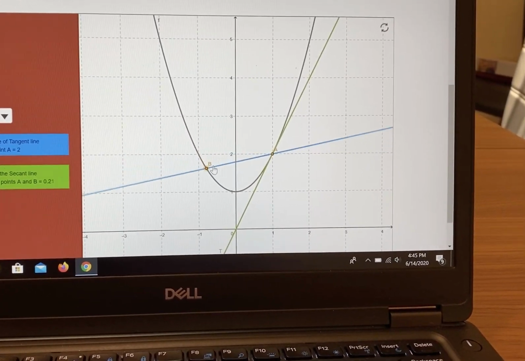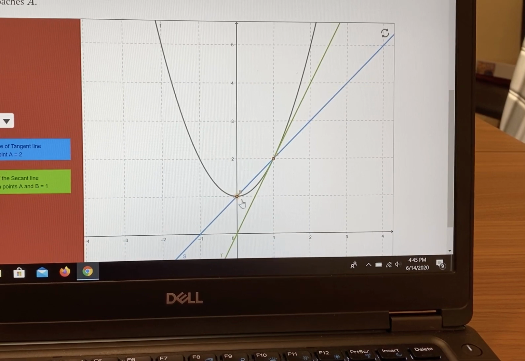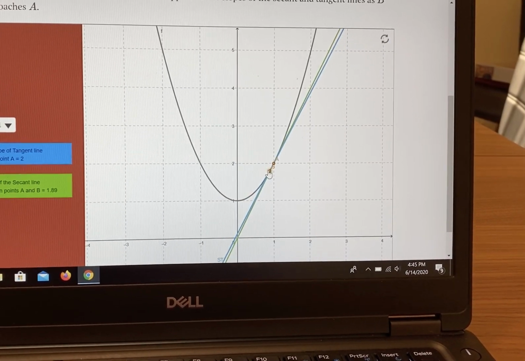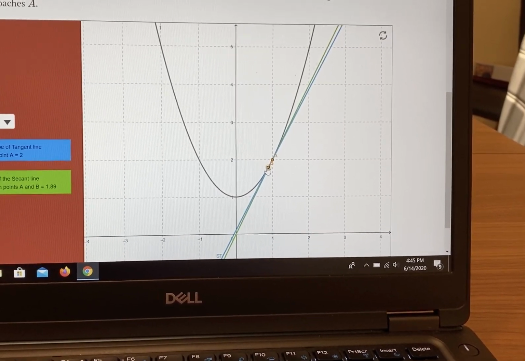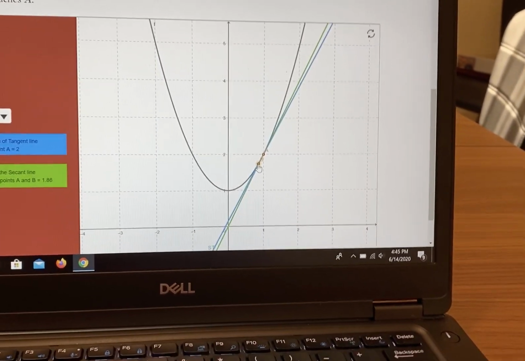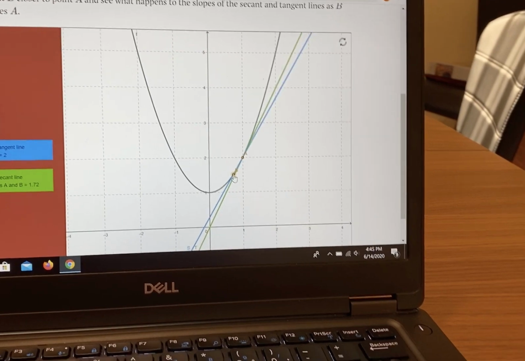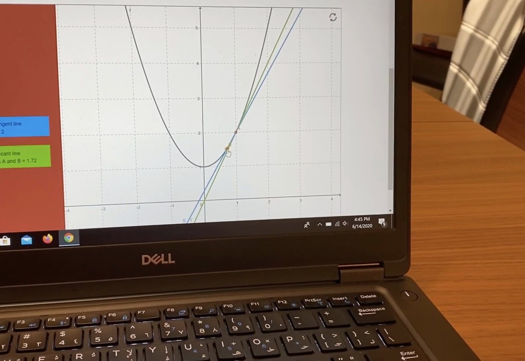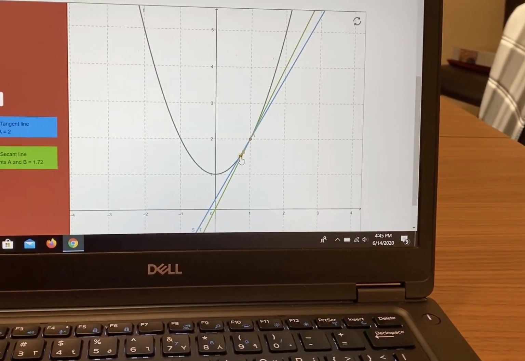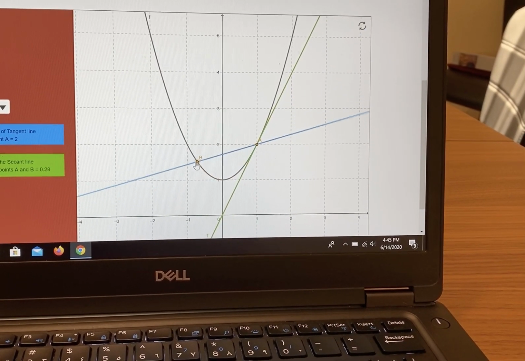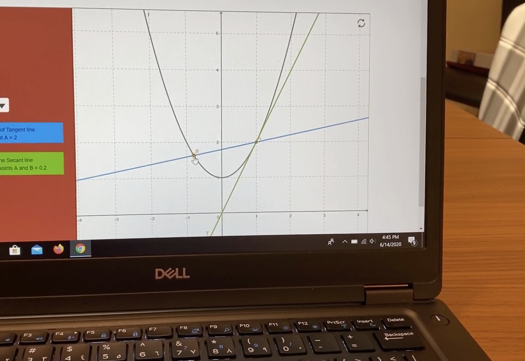But if I choose B such that B approaches A, and we have studied for 1 week the word approaches, so we know in mathematics now we have a tool that studies approachness or closeness. What tool is that? The tool of the limit. The secant and the tangent are not the same.